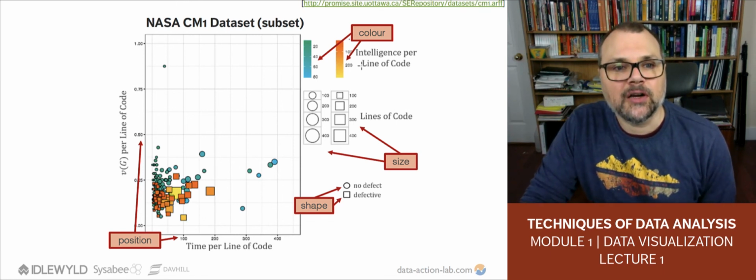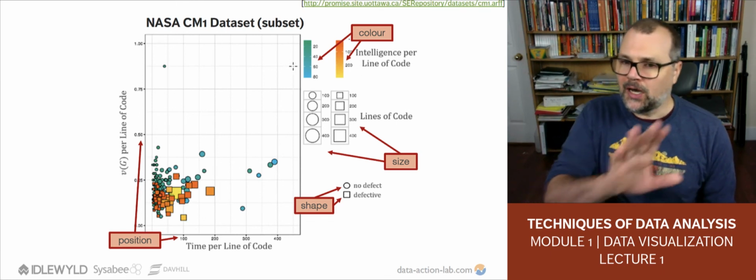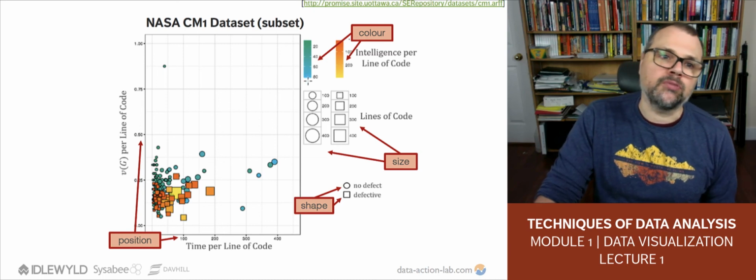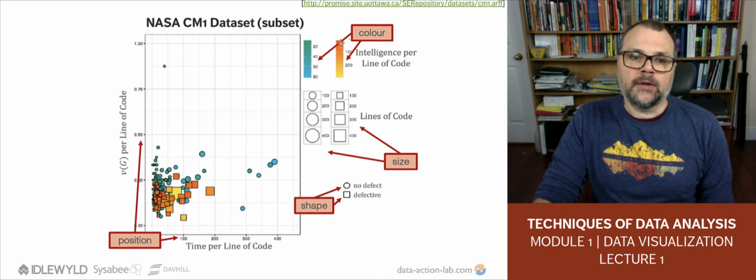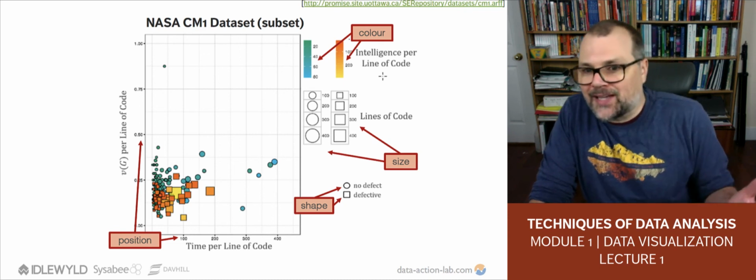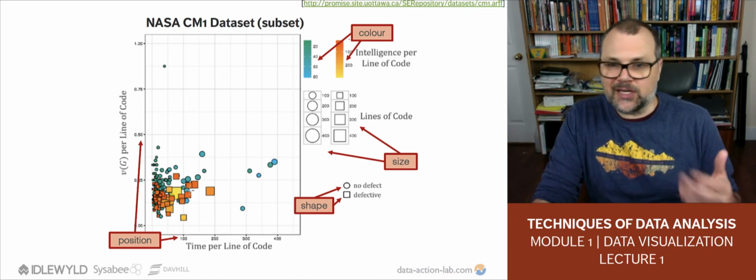And then there's something called the intelligence per line of code. I'm not defining what that is, but it goes from blue to green for the not defective part, and from yellow to orange for the defective parts. And since we don't know what intelligence per line of code is, it's a little hard to really parse this.